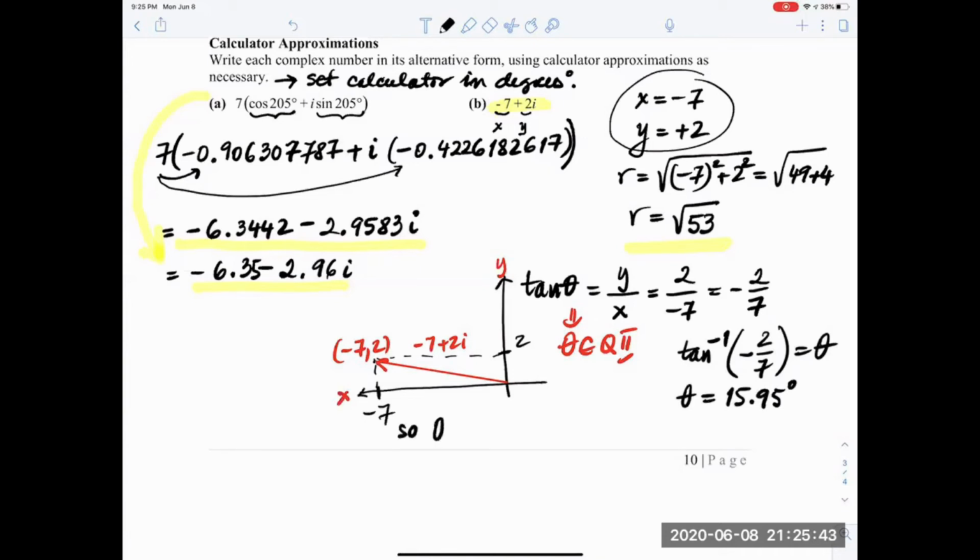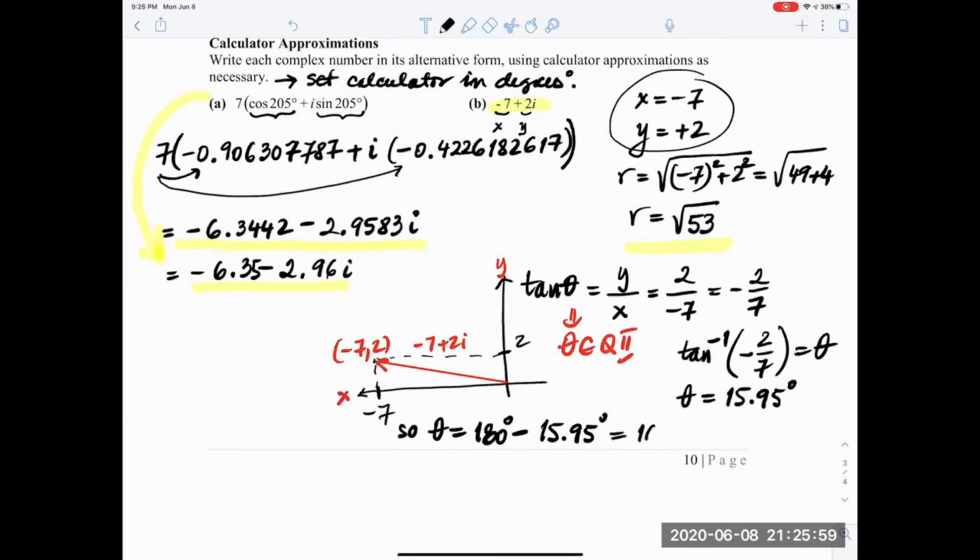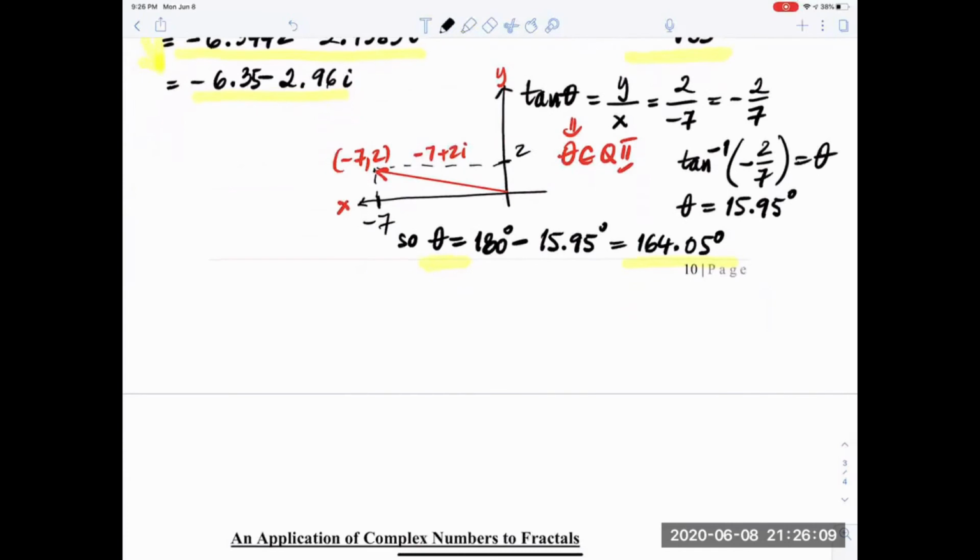So theta is nothing else but 180 minus 15.95. And again, this is given by the x and y coordinates, which tells you exactly which quadrant you are in. And this is 164.05. So kind of a weird angle, but that's what they want you to use, calculators, not necessarily the unit circle.